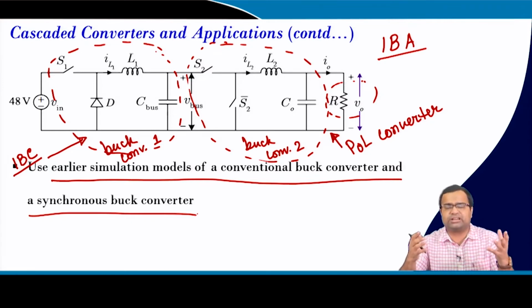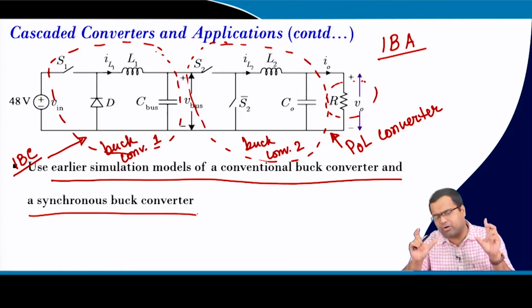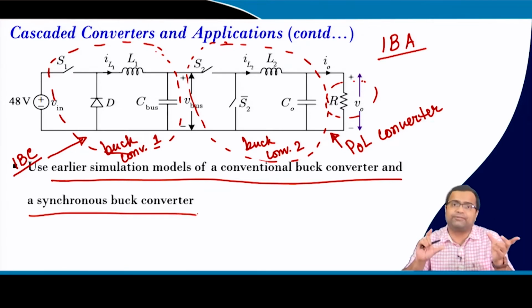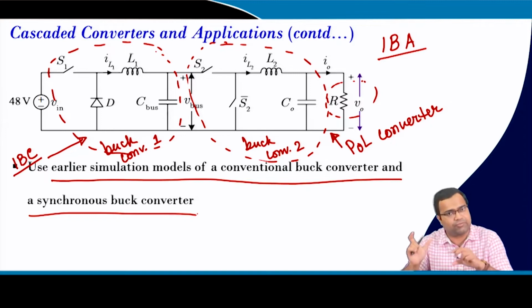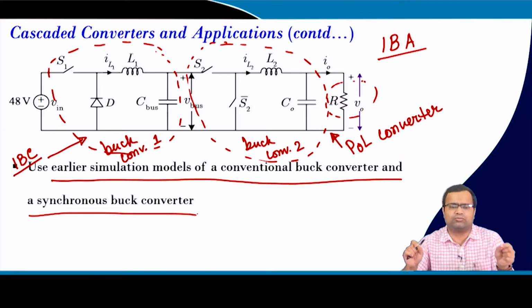We have also demonstrated a boost converter example, and I have also demonstrated that a converter, buck or boost, any converter can be configured either in conventional configuration where it includes a diode, or it can be configured as a synchronous configuration where both are switches, synchronous switches.